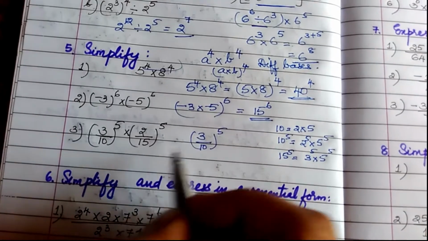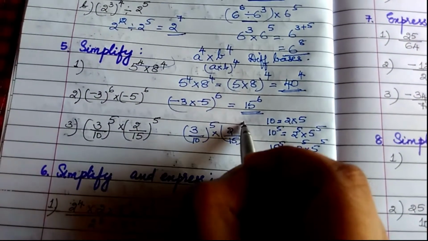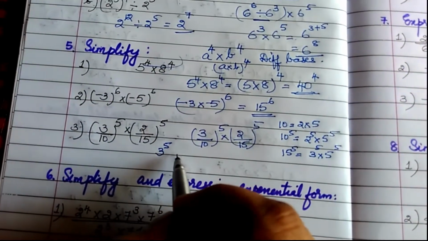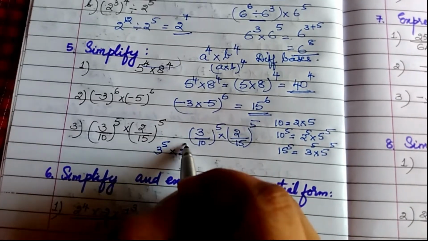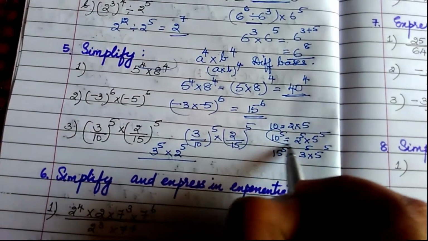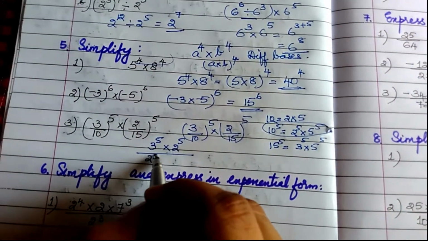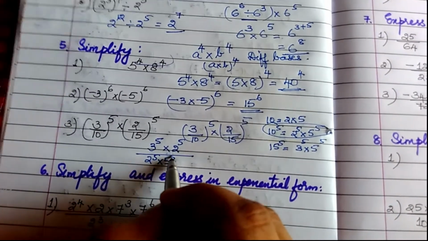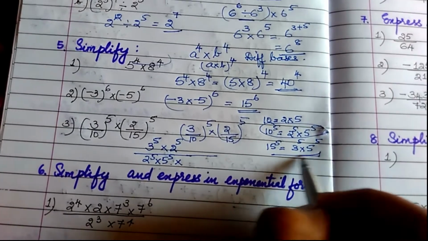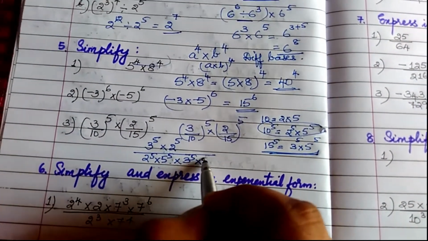Okay, now you will split this one into 3 upon 15 to the power 5. Now you will have the numerator as 3 raised to 5 into 2 to the power 5 upon, what is it here? 10 to the power 5 is 2 to the power 5 into 5 to the power 5, into, what is 15 to the power 5? You will use this one. So it is 3 to the power 5 into 5 to the power 5.